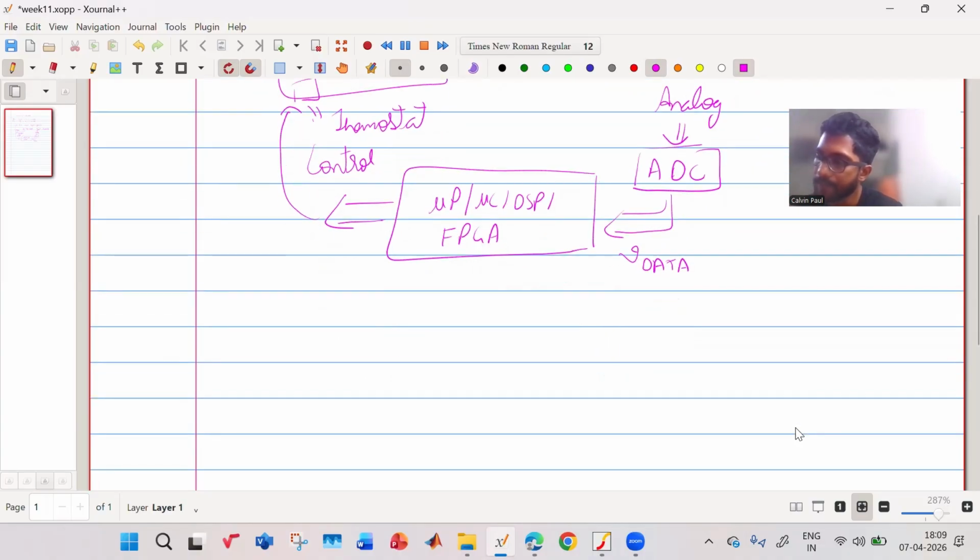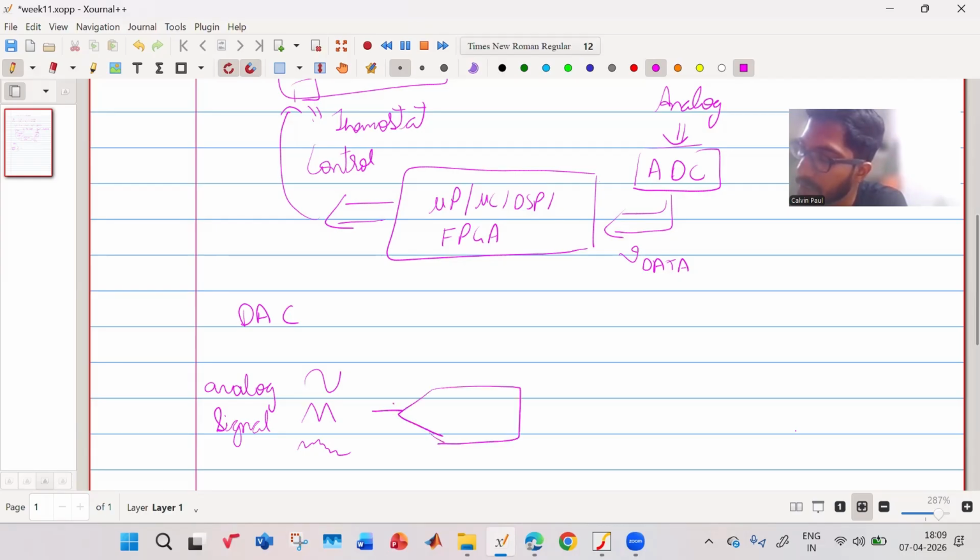Then you also have a DAC, a digital to analog converter, which also has various uses. We have an analog signal. It could be a sine wave, a triangular wave, a random wave, any wave that goes to your ADC.